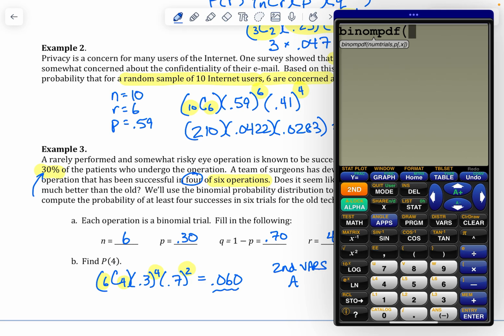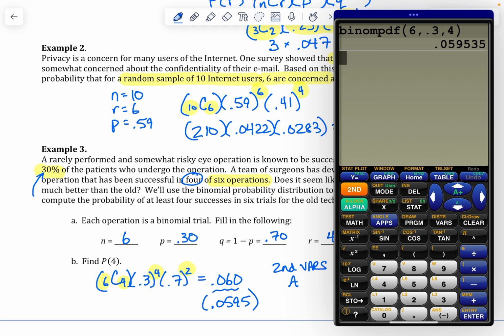On this online version, it asks you for the binomPDF, so the number of trials is going to be 6. The probability of success was 0.3, and you want 4 successes. If you do that, you get 0.0595, which rounds to 6%. Okay? So that's the easy way to do it.